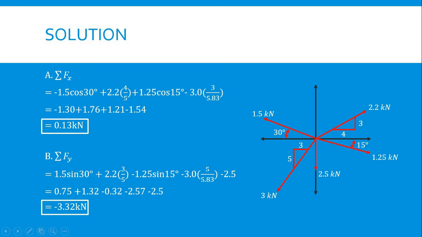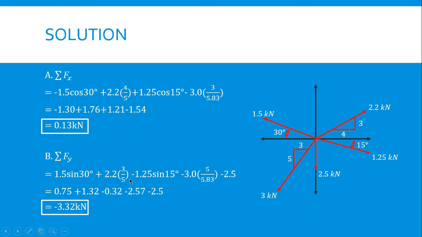For the next, summation of F_y: 1.5 kilonewton sine 30 because quadrant 2 is positive, plus 2.2 kilonewton times 3 over 5 because quadrant 1 is positive as well, minus 1.25 sine 15 because quadrant 4 is negative, and minus 3.0 times 5 all over 5.83 because quadrant 3 is negative, minus 2.5 kilonewton that is directed down in the y-axis.